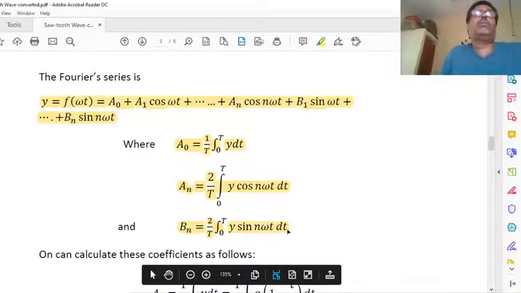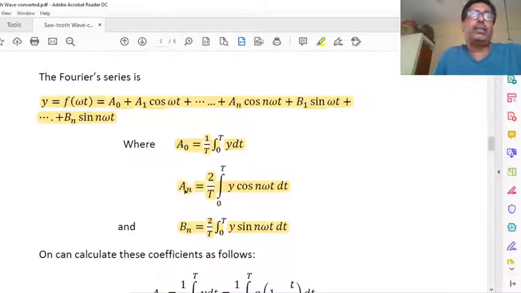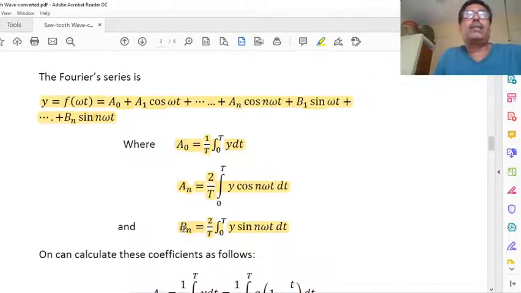I told you at that time that these coefficients, the constant a0 and the Fourier coefficients an and bn, are important to analyze any wave. Here the wave to be analyzed is the sawtooth wave, and we get a0, an, bn from Fourier's theorem. Now these values will be obtained for the sawtooth wave.